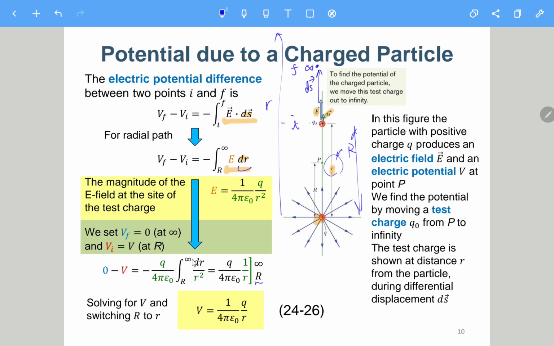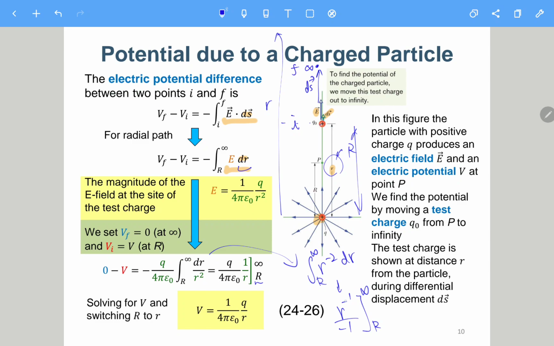Okay, and then here we can see that this is the integration of r to the negative 2 dr from capital R to infinity. So r to the negative 2 plus 1 will be r to the negative 1, divided by negative 1. So this is the antiderivative, and then evaluate from R to infinity.